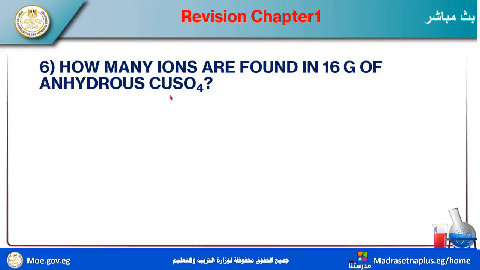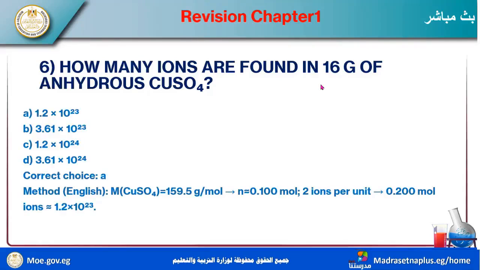Now, how many ions are found in 16 grams? 1 mole of CuSO4 equals 2 moles of ions. If you divide 16 by 159.5, you get the number of moles of CuSO4.